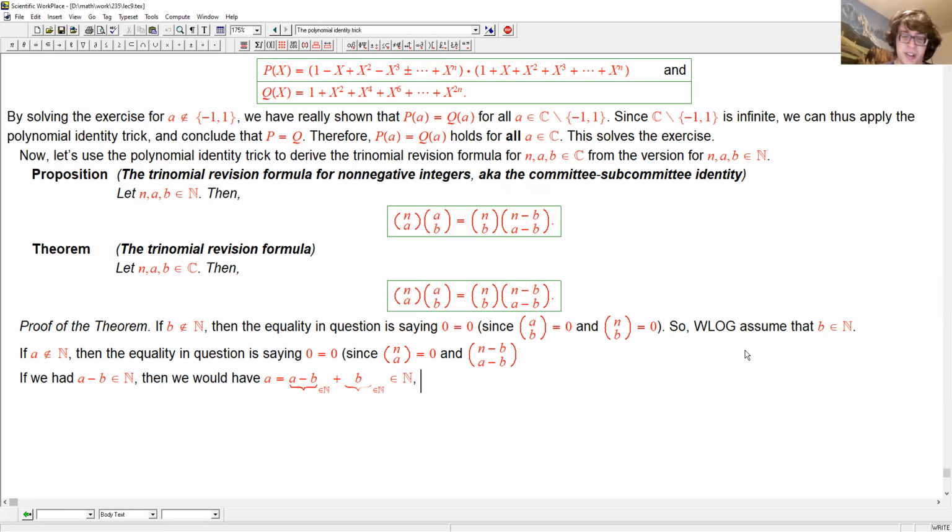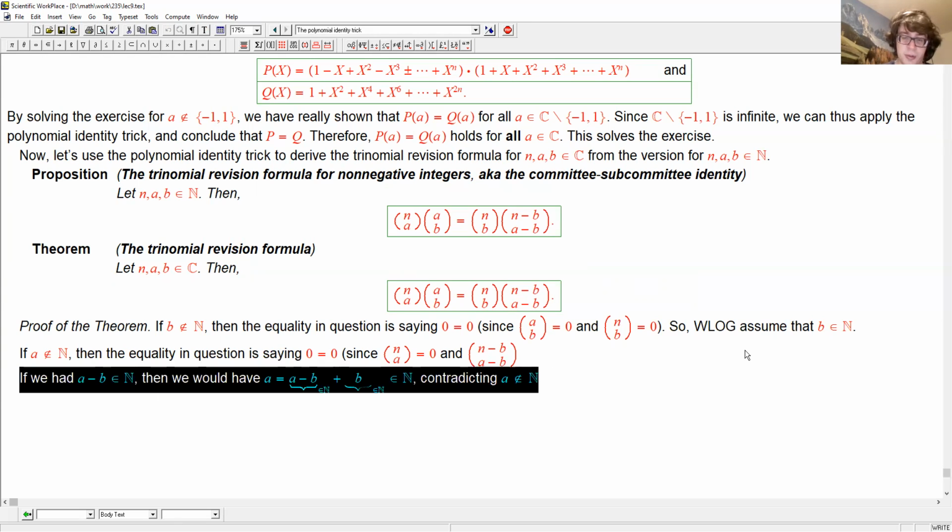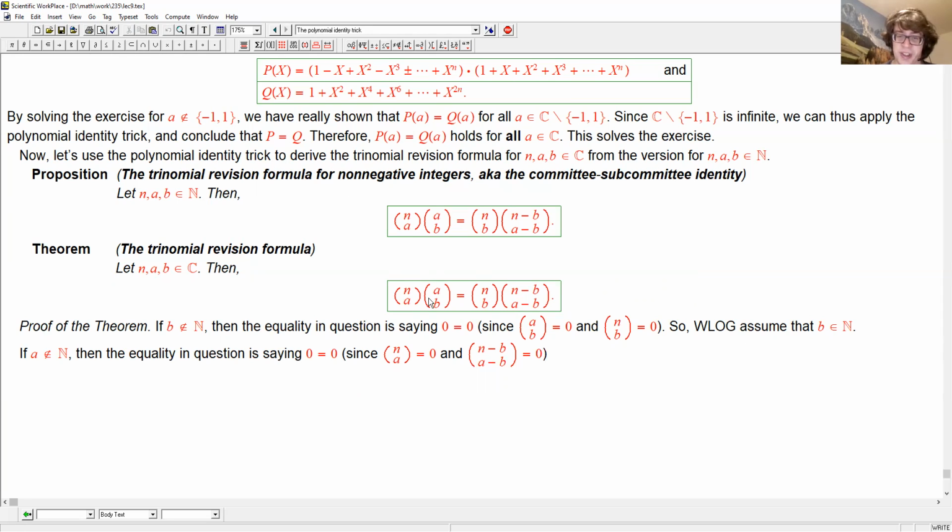So a would be in N, but a is not in N by assumption. So this is also 0, and so again we have a 0 factor on each side, and we're proving 0 equals 0. So, WLOG, assume that a is in N.